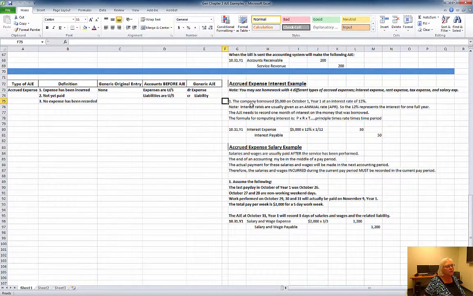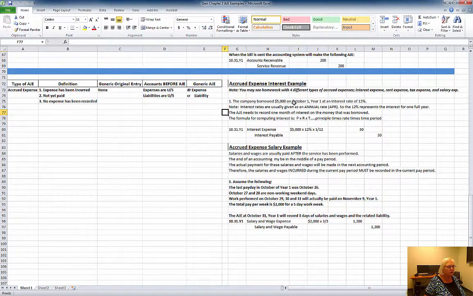All right, if the company borrows $5,000 on October 1st at an interest rate of 12%. Okay, what this means, the interest rates are given as an annual percentage rate, APR. So the 12% represents interest for a whole year. The adjusting entry needs to record just 1 month of interest on this money that was borrowed.